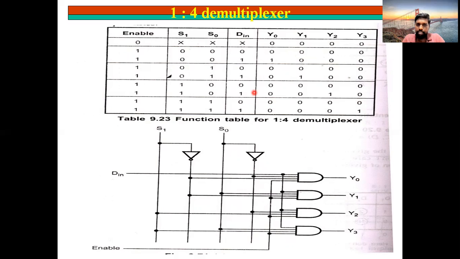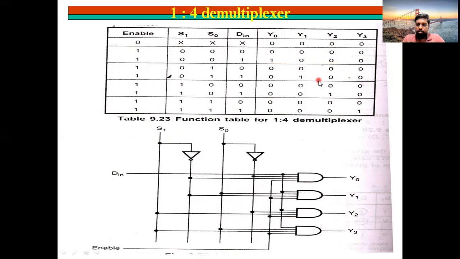And in demultiplexer, that n will decide the single output where the input should go and be placed. Whether multiplexer or demultiplexer, the value of n is very, very important. Selector lines are very, very important. Unless the selector lines are there, you cannot manage the operation of multiplexer or demultiplexer.